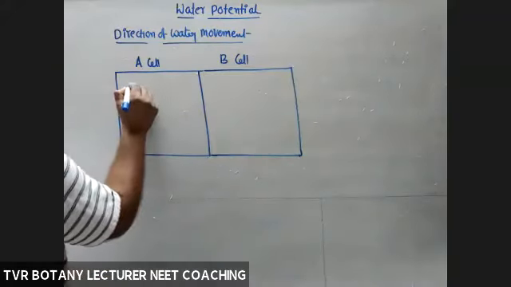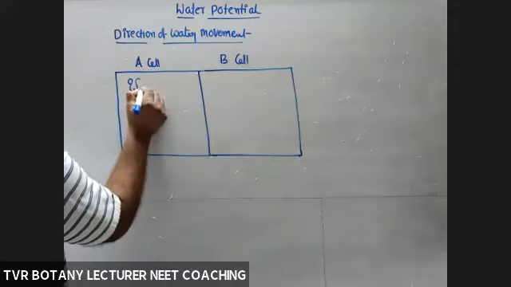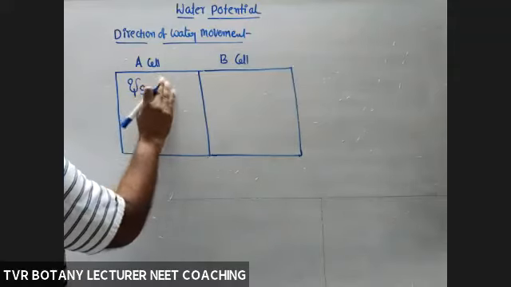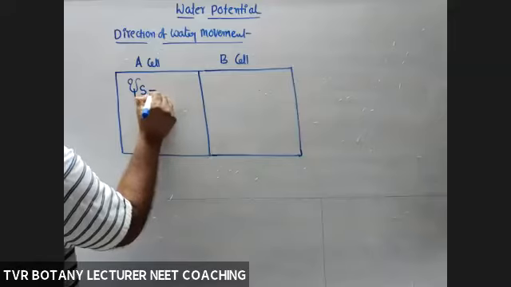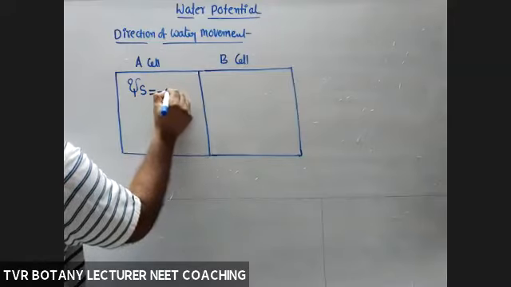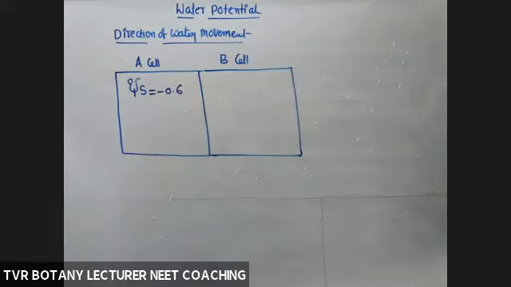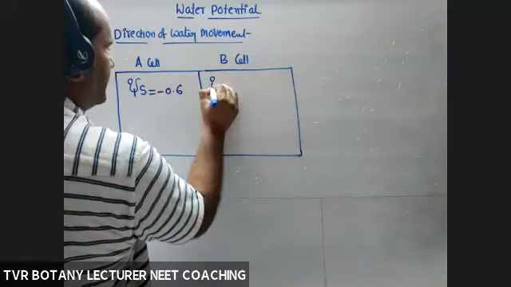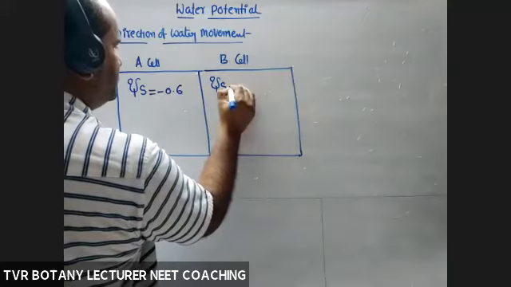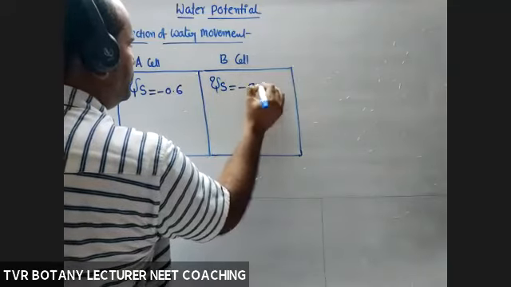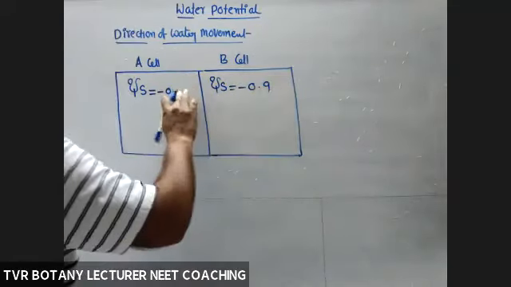Here, psi S value, the solute potential value of cell A is minus 0.4, for example only. In B, the solute potential value is minus 0.9.